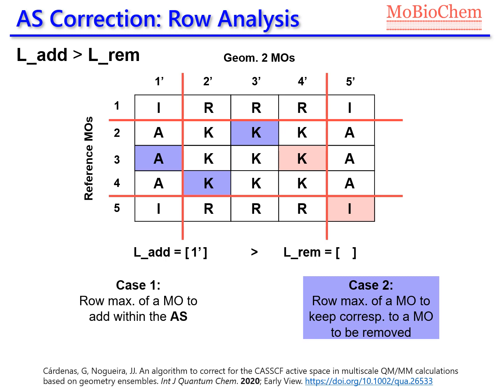Instead, the row maximum corresponds to an orbital which is outside of the active space. Thus, this indicates that actually this orbital 4' should not be kept within the active space, because it might have contributions from orbitals outside of the active space. So instead, we relabel it as a remove orbital and update this LREM list. And so at this point, we have the two lists having the same length.